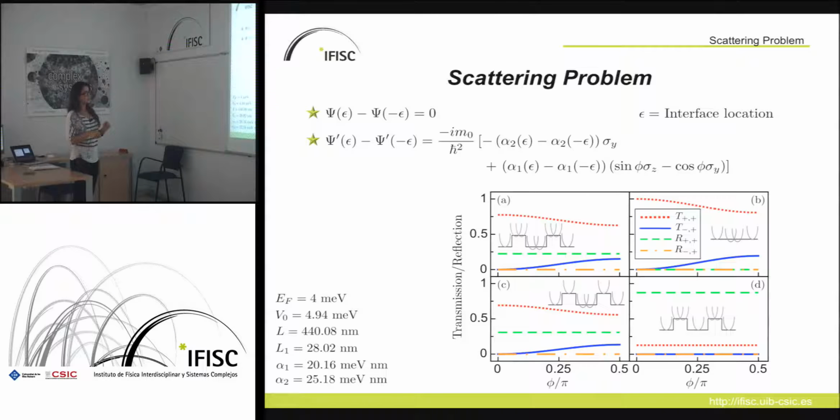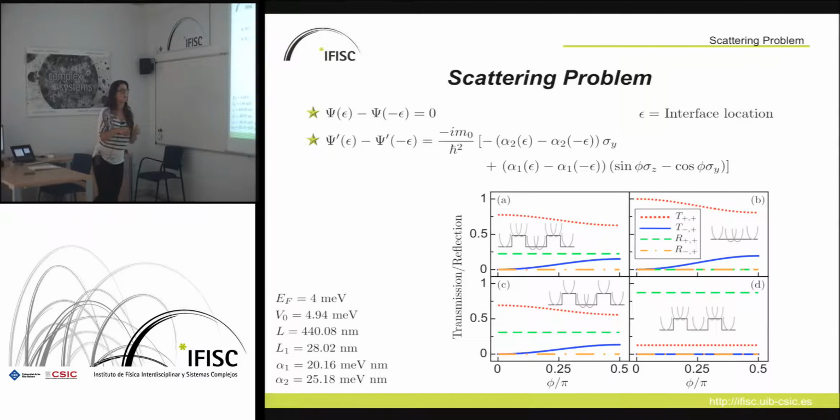Then we take only alpha 1 equal to 0. We only remove the Rashba field in the QPCs and observe that the behavior is the same as in the first plot, but the transmission is lower. This gives us information that the Rashba field in the QPCs increases the transmission probability. This is because the effect of alpha 1 is to decrease the top of the barriers.